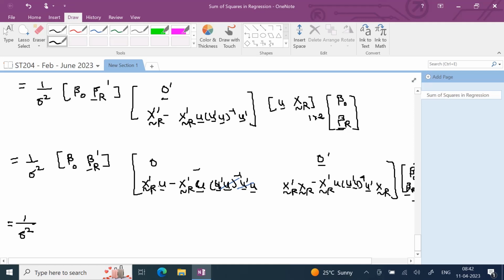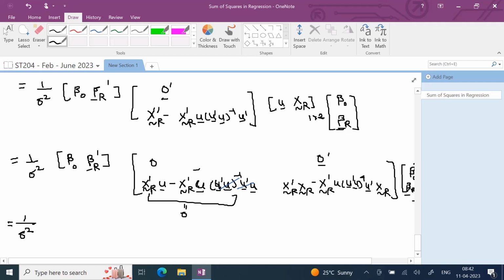Now, because these three terms are 0, my beta naught will actually vanish because it will get multiplied by these zeros.